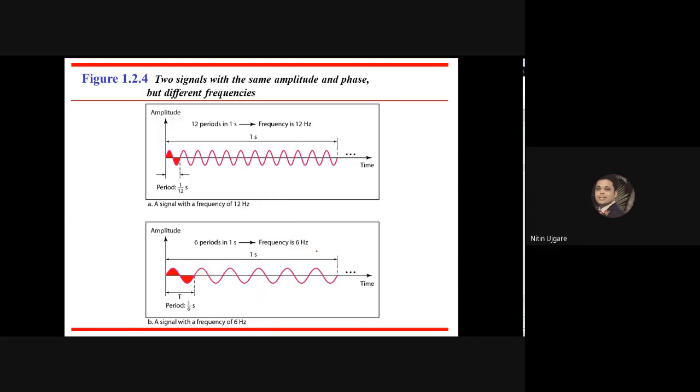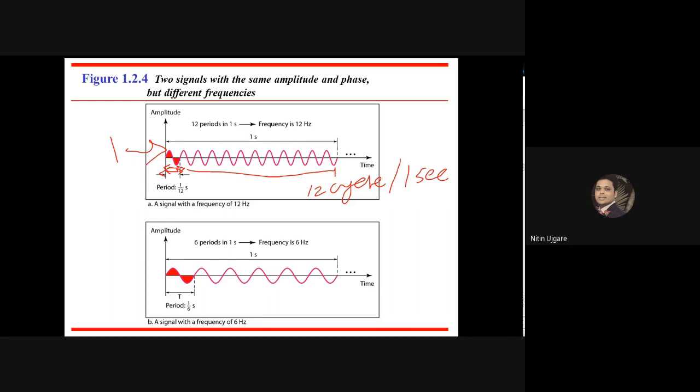Why is this frequency 12 hertz? Because this signal completes 12 cycles in 1 second, and that's the reason the frequency of the signal in the first figure is 12 hertz.